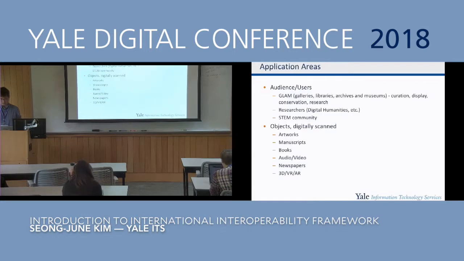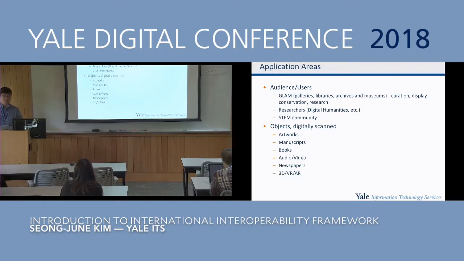And so application areas, in terms of audience and users, as I said, GLAM is the dominant force. And in the recent couple of years, demanding research, especially in digital humanities, has been really burgeoning from all over the world.